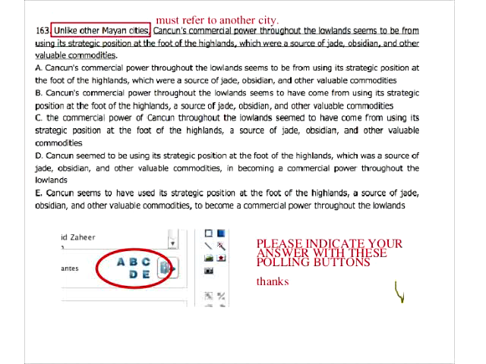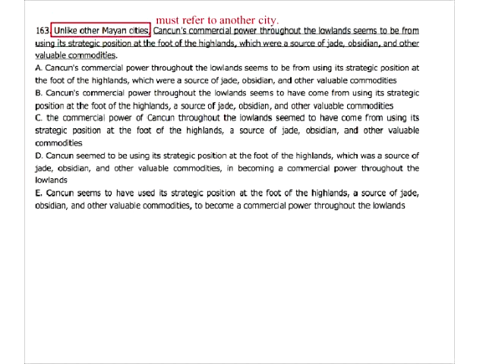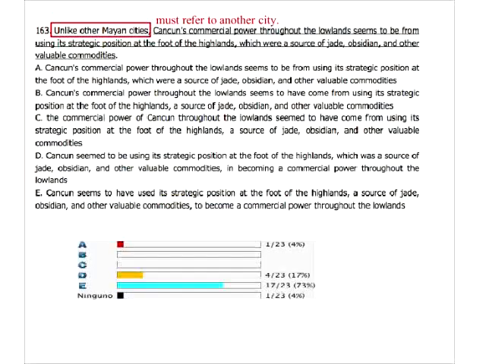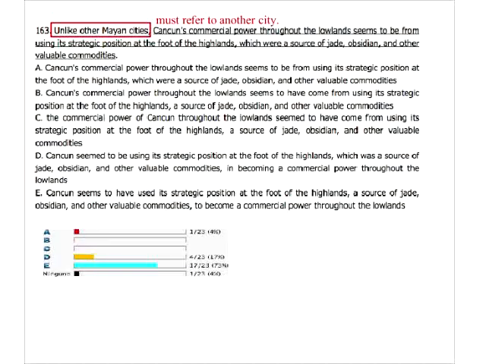So Cancun's, remember, is not Cancun. So here's the statistics from the polling. Remember that Cancun's does not count as Cancun. Make sure you know this. Primo Levi's is not Primo Levi, etc. So this is not Cancun, this is commercial power. This is also commercial power. And this is also commercial power. So all three of these are incorrect, because you cannot compare cities to the power that some other city had.